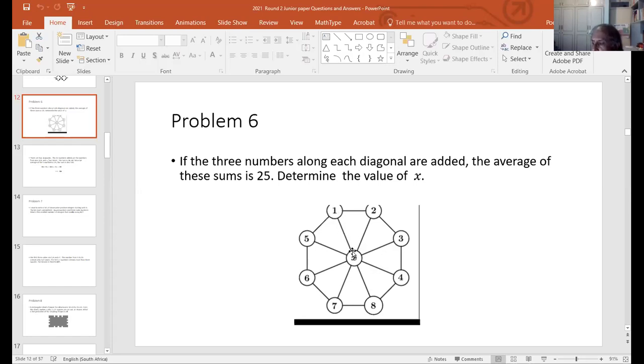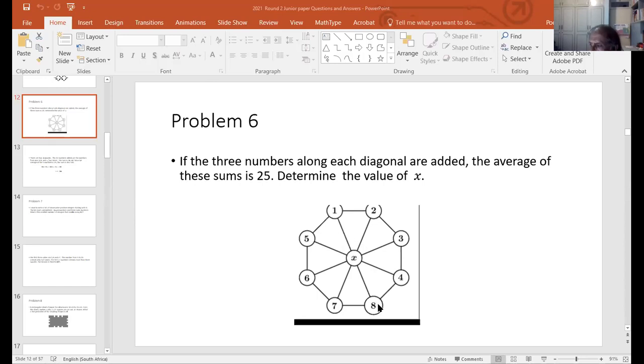Okay, so you've got four numbers, and the average of those four numbers, because you've got four diagonals, so therefore you've got four answers. The average of these four numbers is 25. What is the value of x? Okay, so let's just figure out. First, we have to see what are the four numbers. Well, let's take the diagonal with 1 in it.